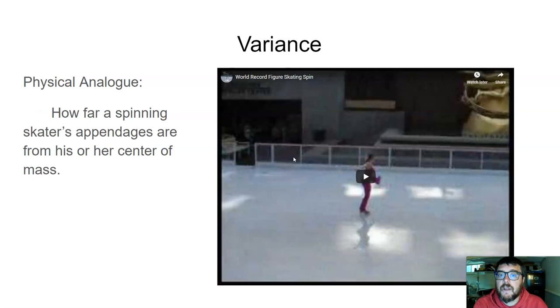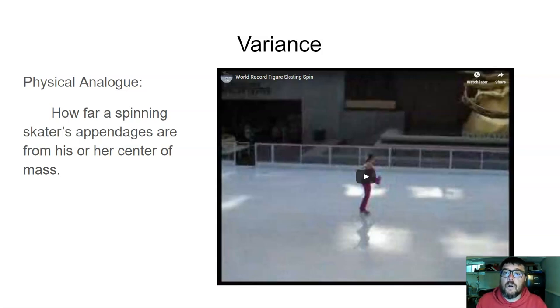I am not going to try and play a video inside a YouTube video because that's sort of weird and meta, but the variance is the next measure of variability that we talk about. And it has a nice real-world definition, which is that it's the average of the squared distances of each object in your data set from the mean.